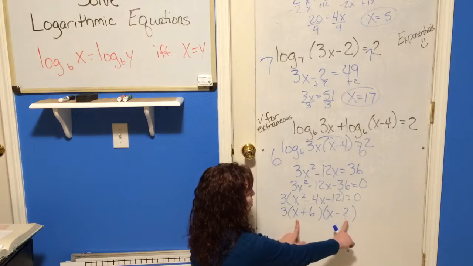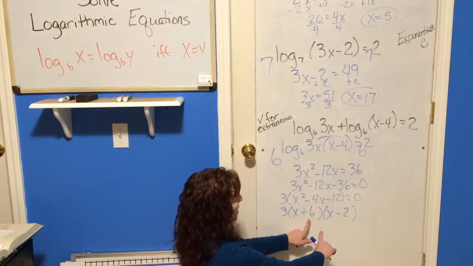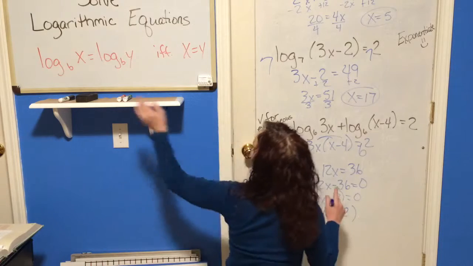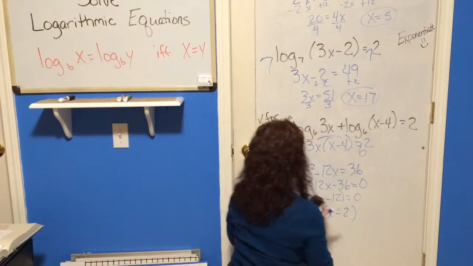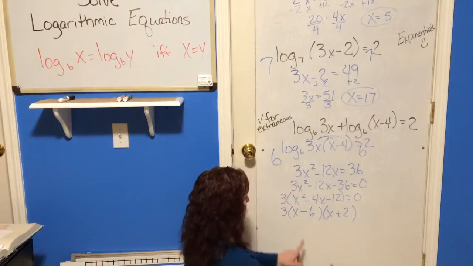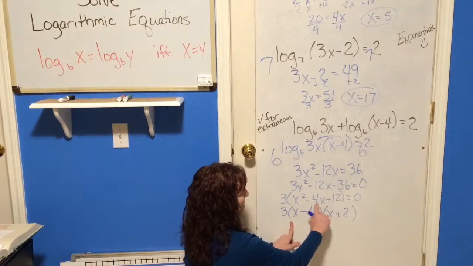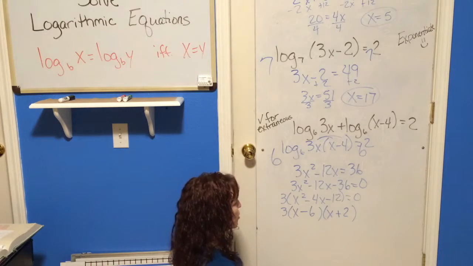I've got positive 4x, so what I want to do is switch my signs. So now I have negative 6x plus 2x gives me my negative 4x. So there's my two binomials.